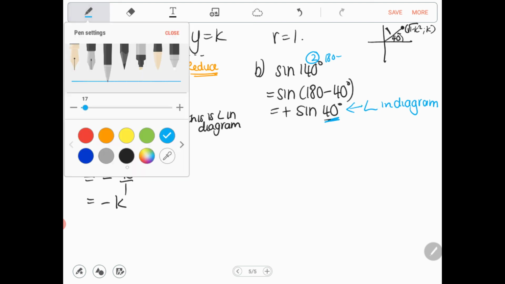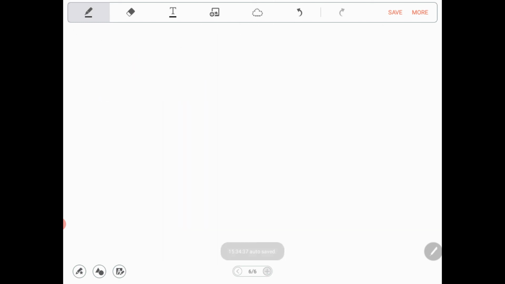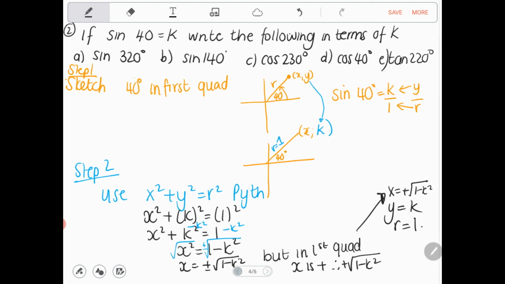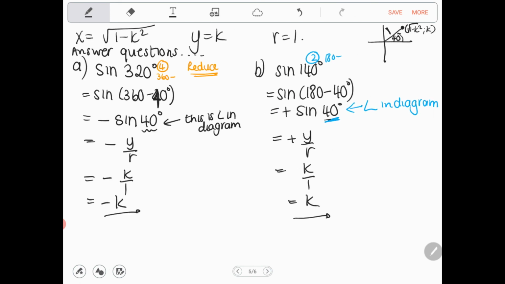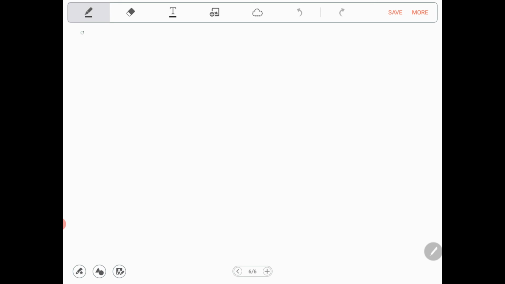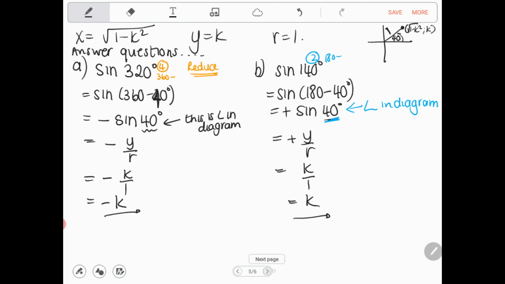So we're going to again go positive y over r, which is k over 1, which is k. Okay, let's quickly write down the next ones. Cos 230, cos 40, and just let's quickly do the last one. Tan 220.